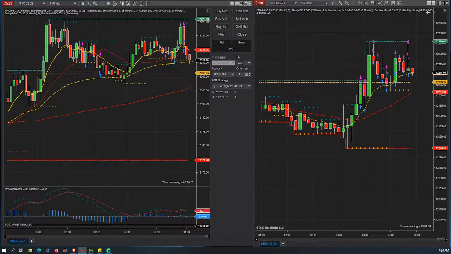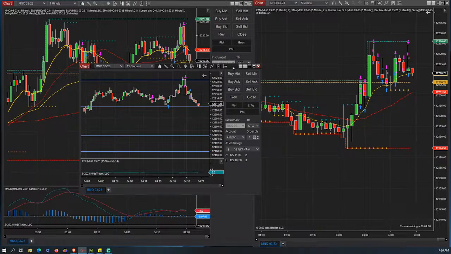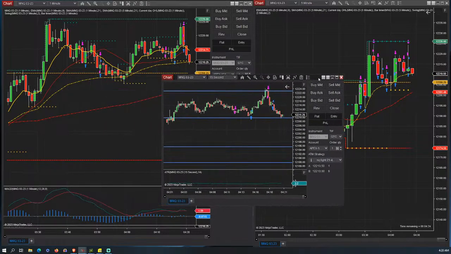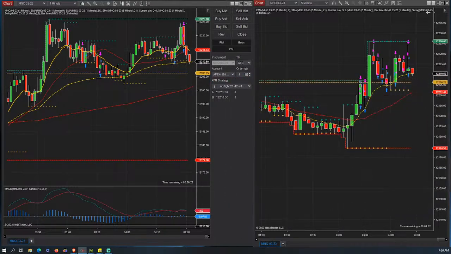All right, tapping some resistance here. See that blue line? Dollar's going up.